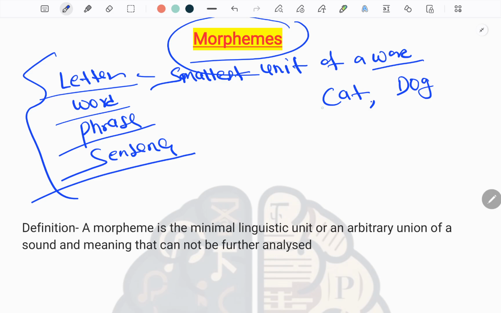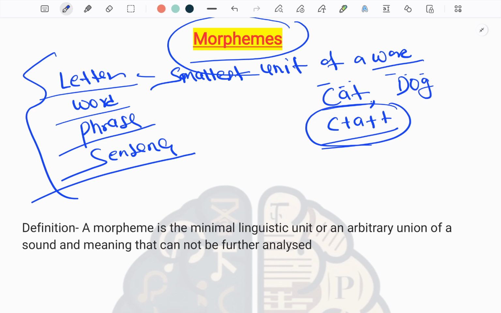Suppose we take an example like cat or dog. According to the definition, a letter is the smallest unit of a word. Here cat is a word, and its smallest units are C, A, and T. When we segment it like C plus A plus T, these are the smallest units of a word. Similarly, here we have D, O, and G.